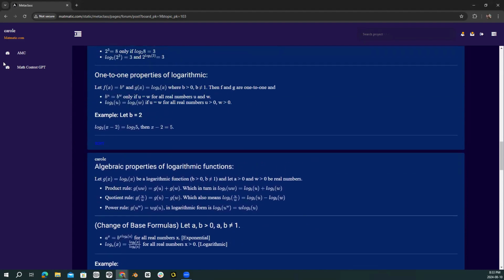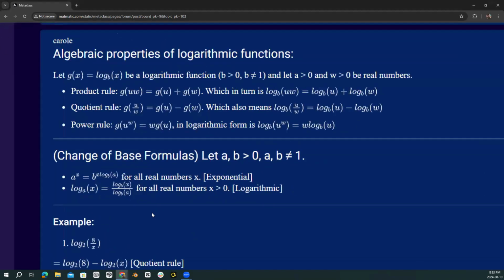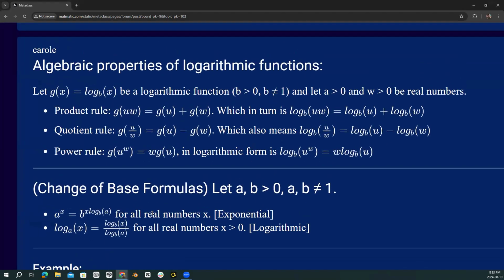Next we have the change of base formulas. For this, let me zoom in so you guys can see a little clearer.